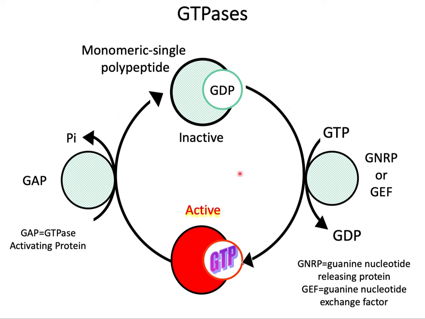In their inactive state, the GTPases are usually bound with GDP or no nucleotide at all. But when they bind to GTP, they become activated. The exchange of GDP for GTP is facilitated by a guanine exchange factor protein, or GEF, sometimes called guanine nucleotide releasing protein, GNRP.